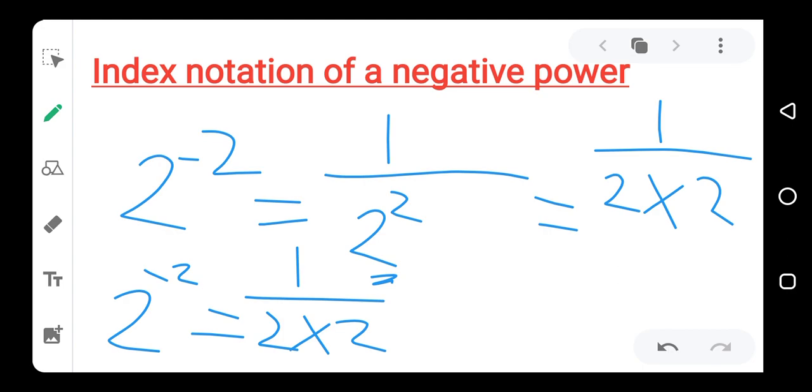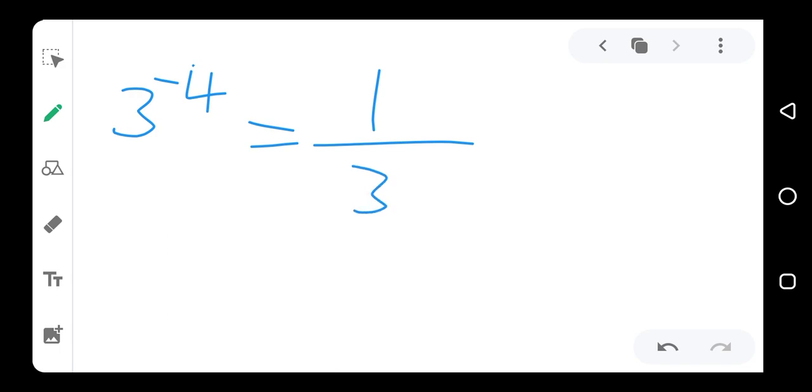Another example, if we have 3 raised to power minus 4, how do we convert this to the expanded form? It has minus. So the first thing we are going to do is to write 1 over, then we convert it to positive. So this is going to be 1 over 3 raised to power 4.